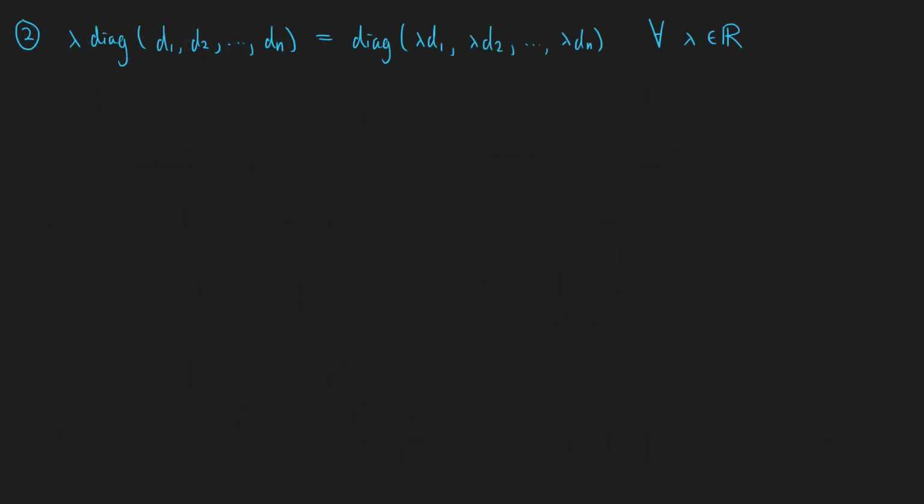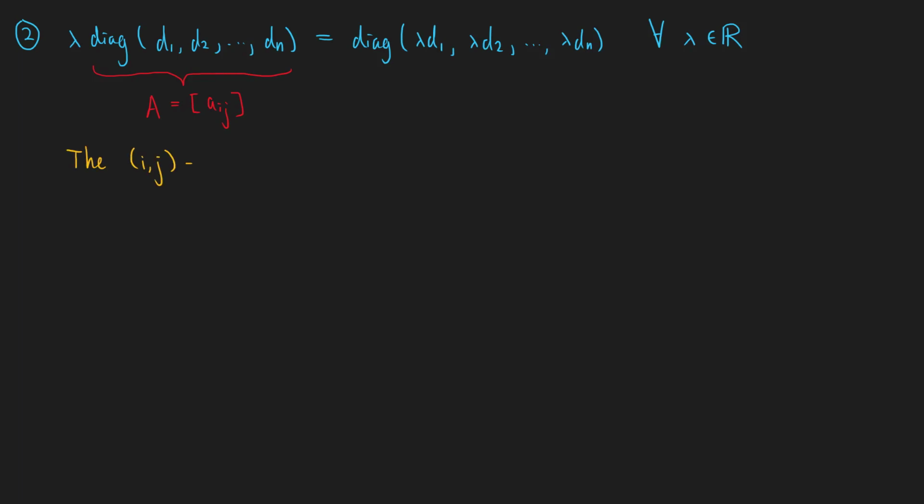The second property is that if we multiply a diagonal matrix diag(d1, d2, up to dn) by a real number lambda, the result is also a diagonal matrix with main diagonal entries lambda times d1, lambda times d2, up to lambda times dn. To prove this, we let A with entries a_ij be the first diagonal matrix as before.